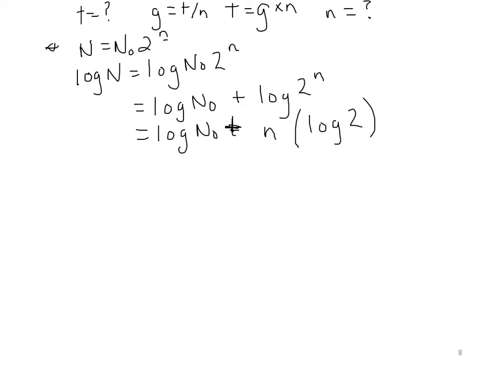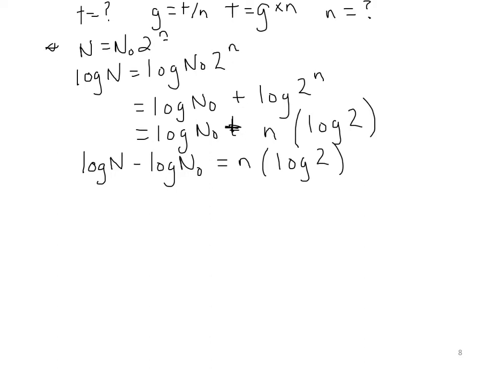Now we want to solve for N, so one of the things we can do is subtract log N naught from each side of the equation. So we can say log N minus log N naught equals N, the number of generations, times log 2.